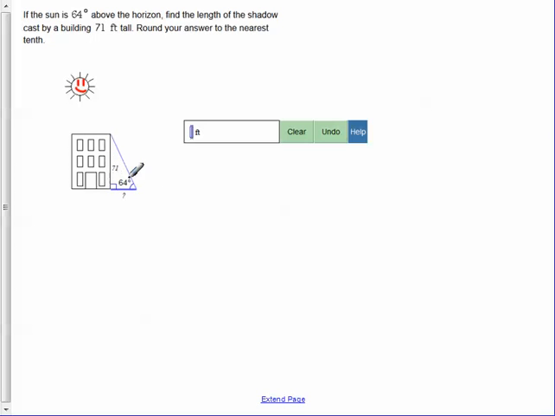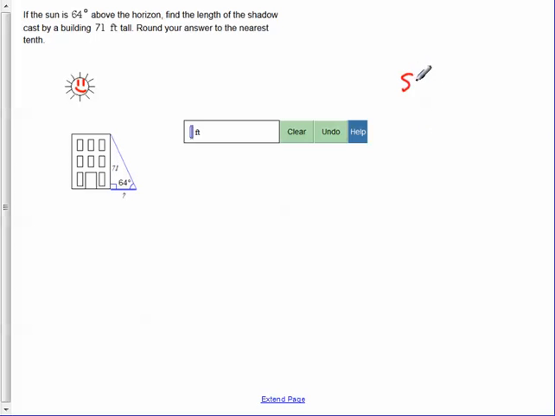This is pretty much exactly like what we just did, only now it's a real world problem. We're given the angle, we're trying to find the adjacent side, and we're given the opposite side of that angle.